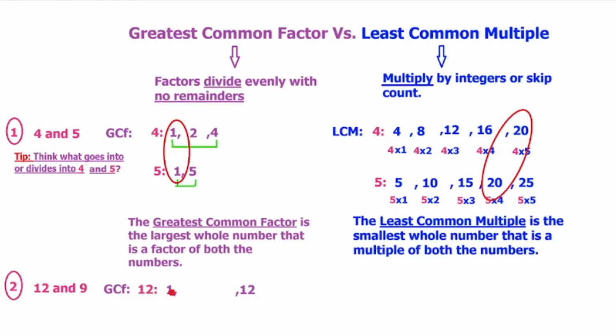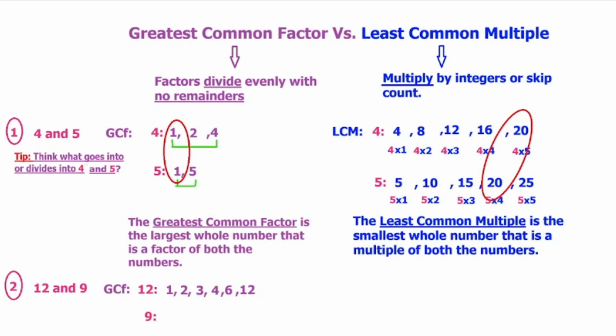Well, 1 goes into 12 and 12 goes into 12, and those are a pair. And then what else goes into 12? Well, 2 goes into 12 and 6 goes into 12, and those are a pair. You don't always have to put the green line underneath. I was just using that for teaching purposes. And then finally, 3 and 4 go into 12, right?